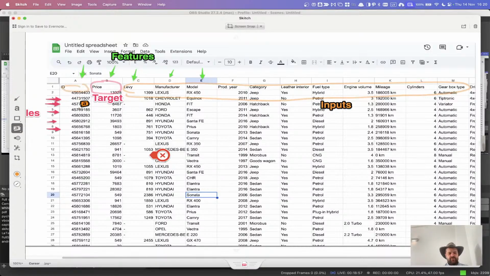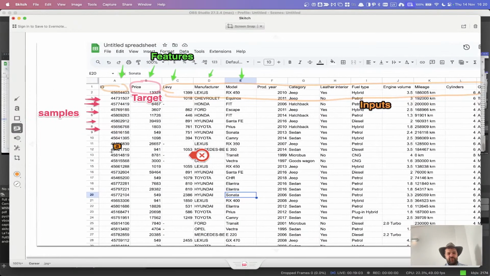In this case, you see that the ID would also be an input. An ID is for sure something that I don't want as an input, because it doesn't make sense. What is the price of this Honda based on the ID of my sample? What was the advertisement ID for this particular car, and what is the correlation with its price?